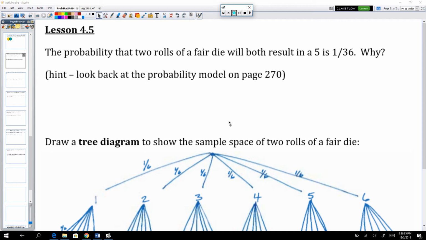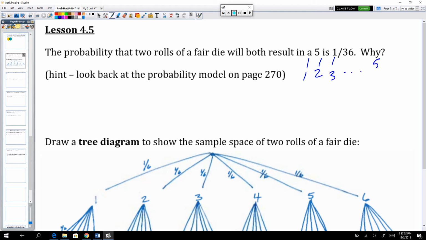So if we think back to the probability of rolling a die once and then rolling a die twice, what is the probability that you'll roll a 5 the first time and then you'll roll a 5 again? Remember, when you roll a die twice, there are 36 different outcomes. Remember, we had an outcome where you could roll a 1 and then a 1, a 1 and then a 2, 1 and then a 3, and so on and so forth.